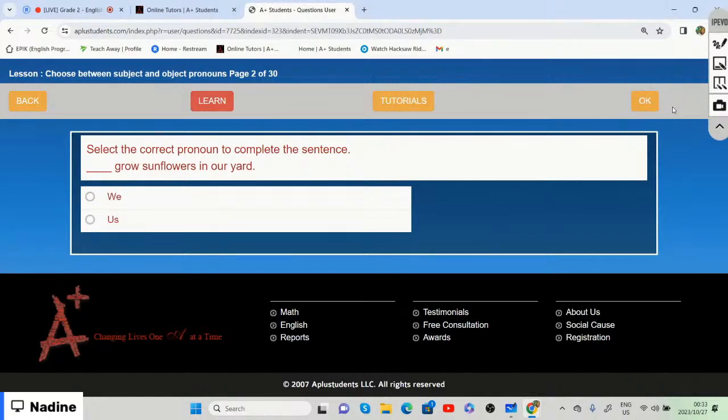Now, do we say, we grow sunflowers in our garden, or us grow sunflowers in our garden? We can say that we grow sunflowers in our garden.